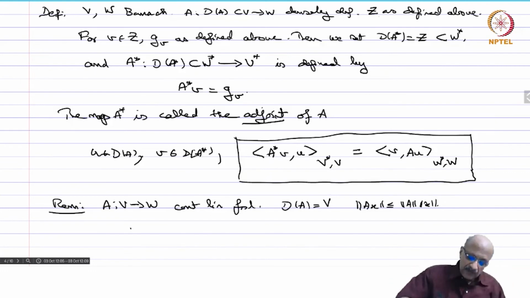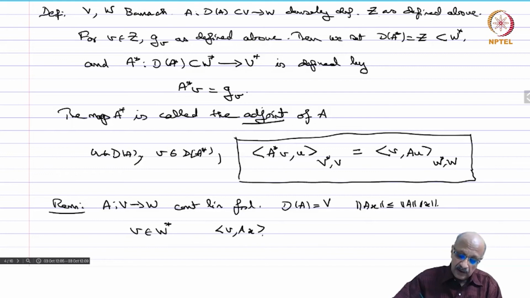Now you take any v in W star. You have that v of Ax, this is in W star, W, modulus is less than or equal to norm v into norm Ax, which is norm A times norm x.